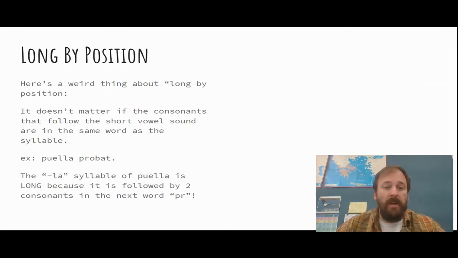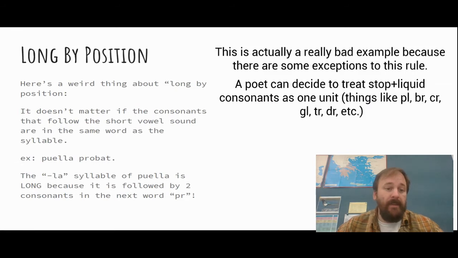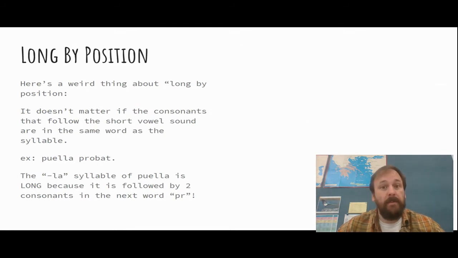We look at that very last syllable of puella, that LA has a short vowel sound, so it should be a short syllable. However, the next word, probat, begins with 2 consonants. And so that last A in puella actually is a long syllable. If a short syllable is followed by 2 or more consonants, it's long by position. Doesn't matter where those consonants are.